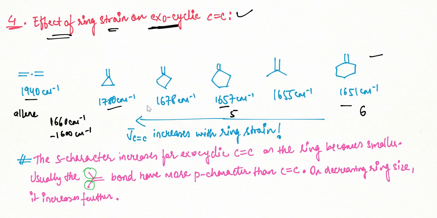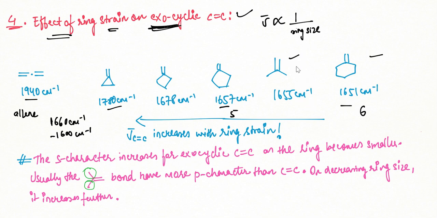So guys, as you can very easily see, the values are increasing with the decrease in ring size. If the ring size is increasing, the value is decreasing. So it is inversely proportional to the ring size in the case of exocyclic double bond, and it was just the opposite in the case of endocyclic double bond.